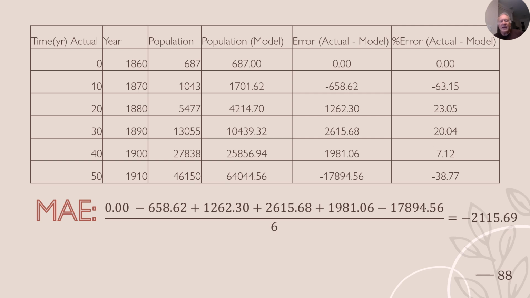So if we look at the average error, we'll add up all the errors and divide by 6, and we come up with negative 2,115. And it looks like a lot, but it's only 13% of the actual average.